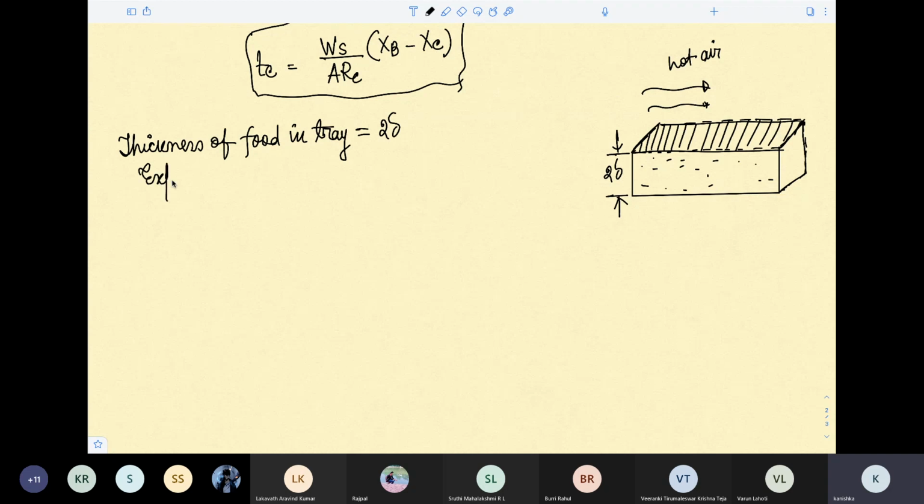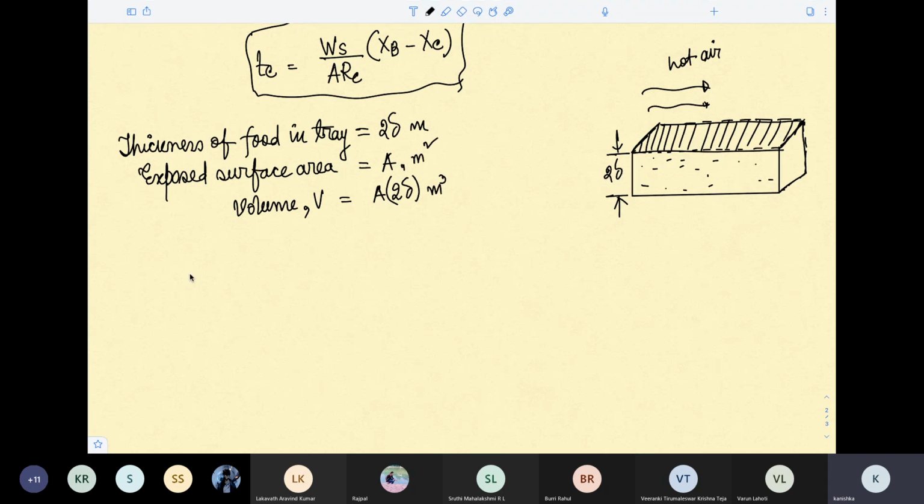Exposed surface area equals A. Now tell me what would be the volume. Let's say V equals A multiplied by 2 delta. This is the area multiplied by this thickness. So this is in meter cube, this is in meter, this is in meter square.